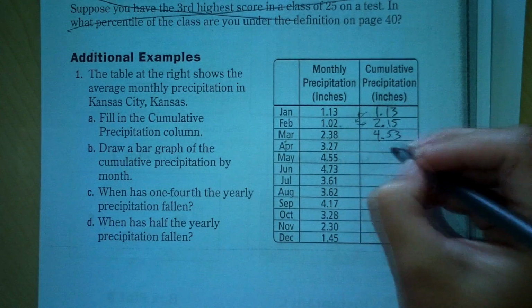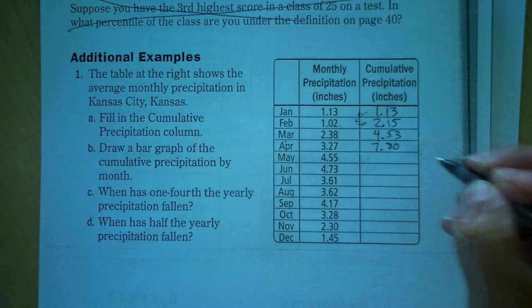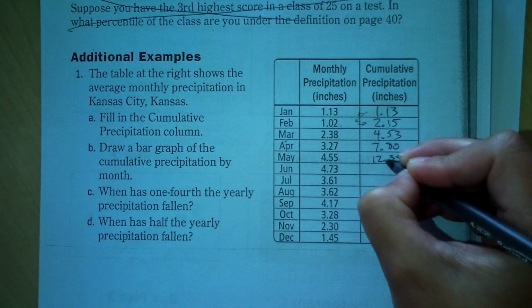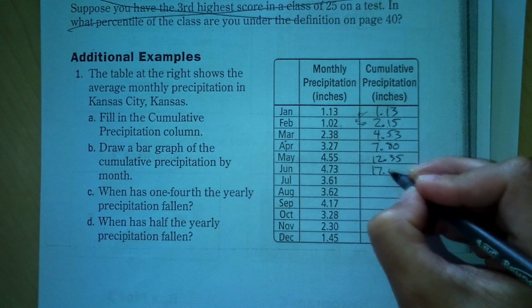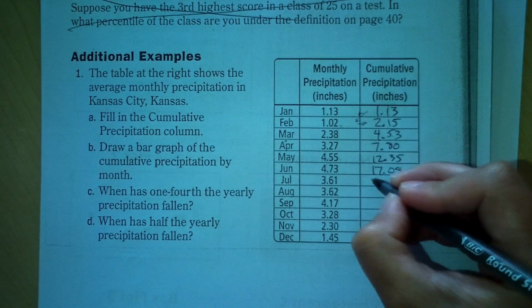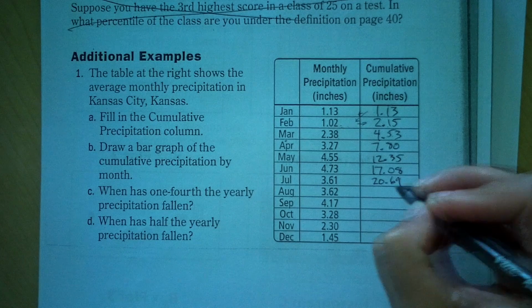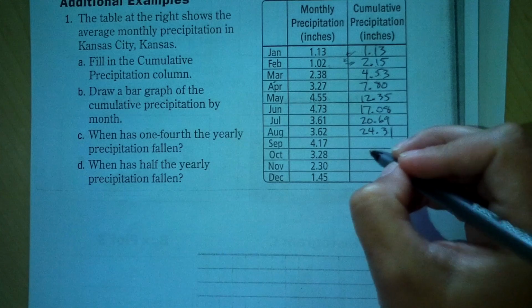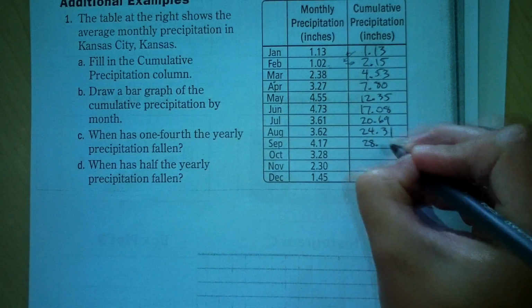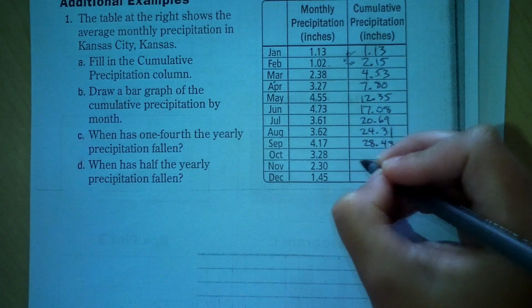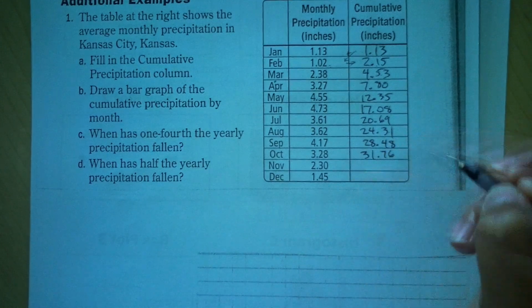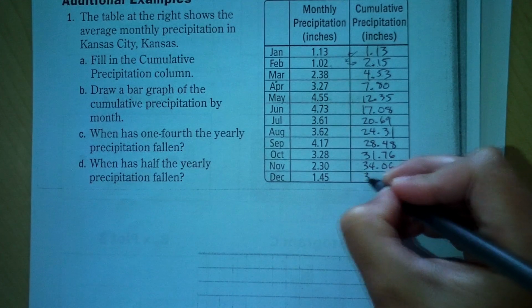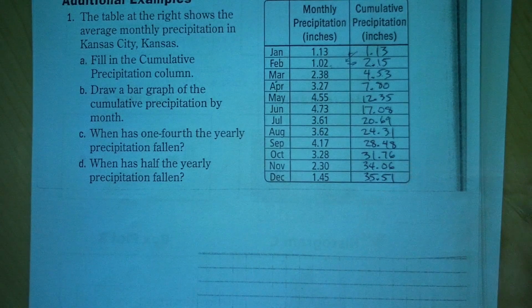Add the next one, you get 12.35, 17.08, 20.69, 24.31, 28.48, 31.76, 34.06, and the last one, 35.51. So again, you're just taking whatever your previous number was, adding your new month total, and that gives you the cumulative value.